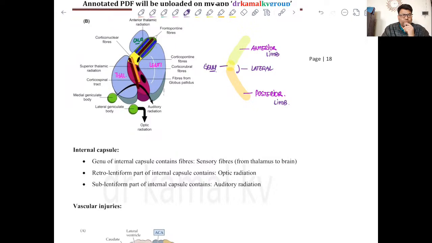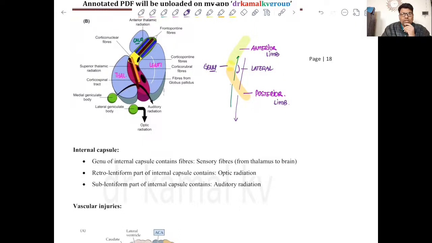Now why is the internal capsule so important? Because all the tracts which are going above will pass through the internal capsule. Similarly, all the fibers which are coming down will come through the internal capsule.